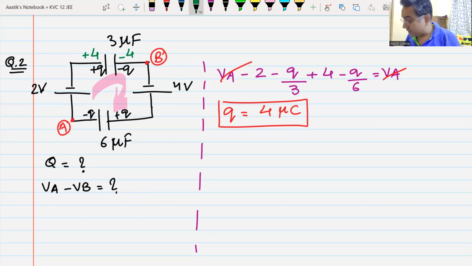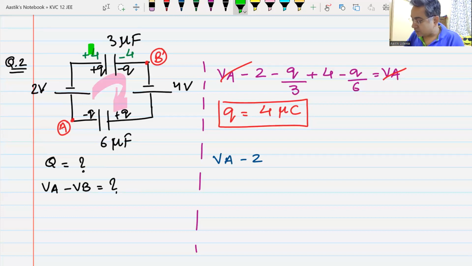Now again, I have to go from A to C. I start my journey. What is the next thing that I write? I have to find VA minus VB also. VA minus 2 minus 4 is equal to VB. VA minus 2.